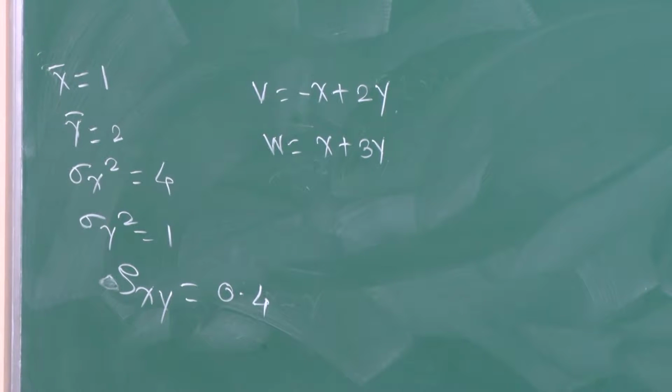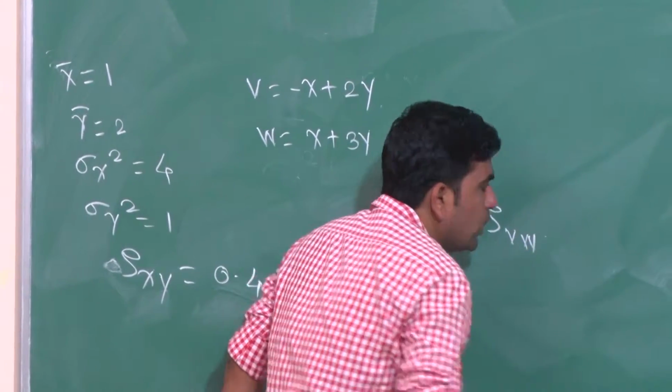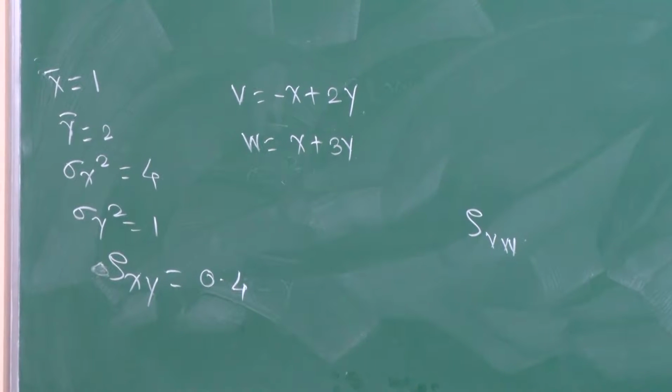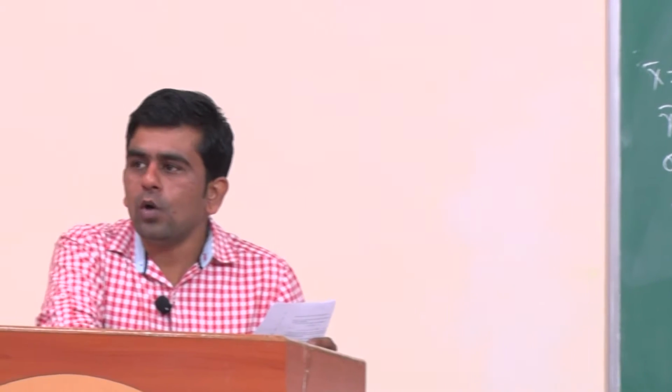Then find a, the means, b, the variances, c, the correlation, and d, the correlation coefficient, that is rho vw of random variables v and w.